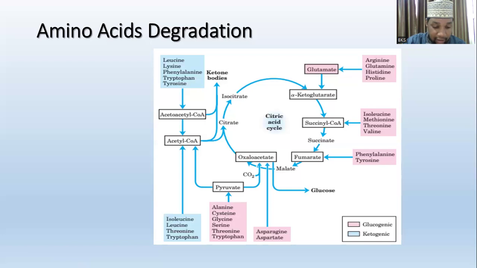Classically, there are about 6 metabolites or compounds produced due to degradation of these amino acids that are involved in energy production, or in synthesizing energy molecules, which are acetyl-CoA, pyruvate, oxaloacetate, fumarate, succinyl-CoA, and alpha-ketoglutarate.